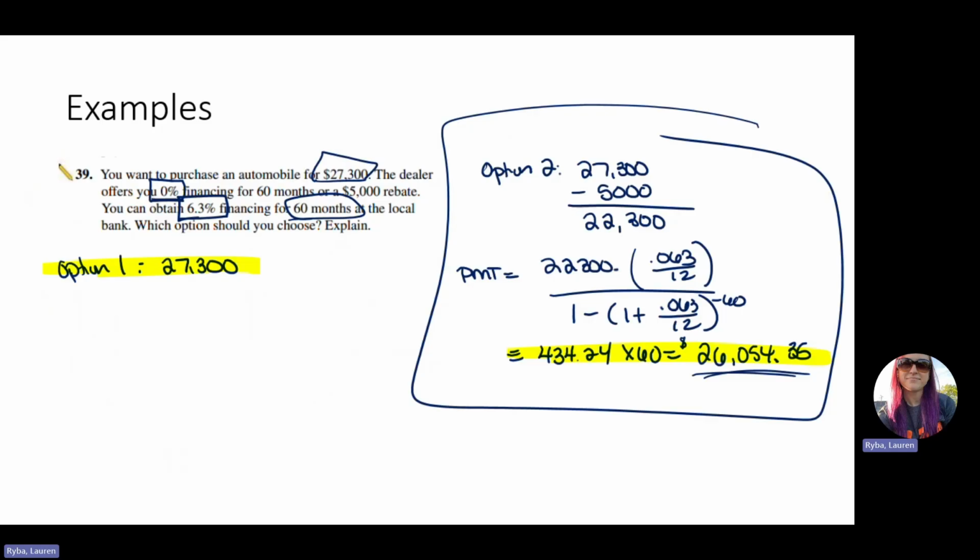Your dealer is going to have their bank that they work with and their interest rates. So while they could offer you 0% financing, knowing your local bank's options as well is also beneficial to you.